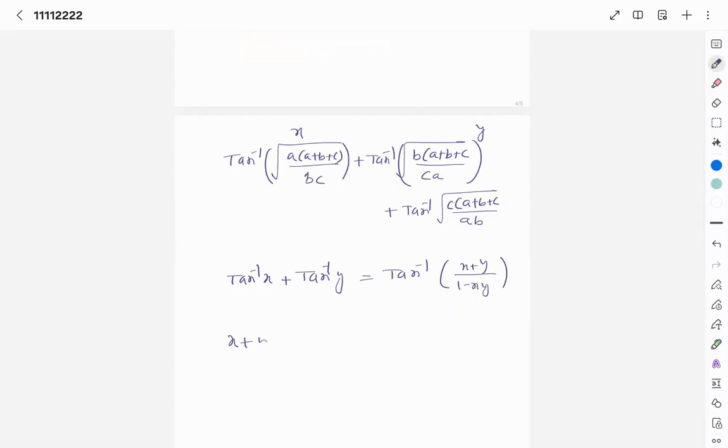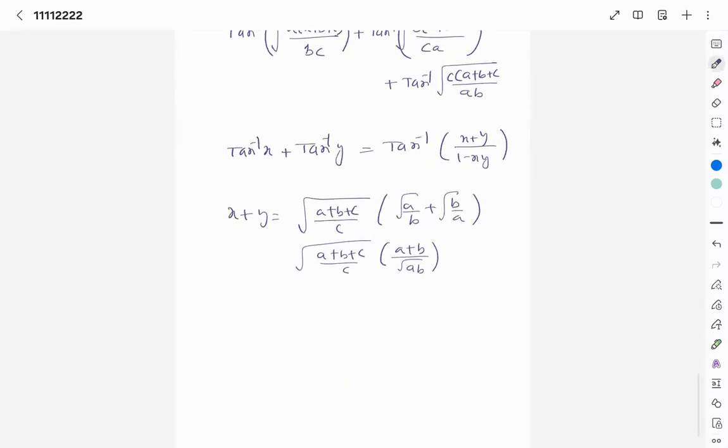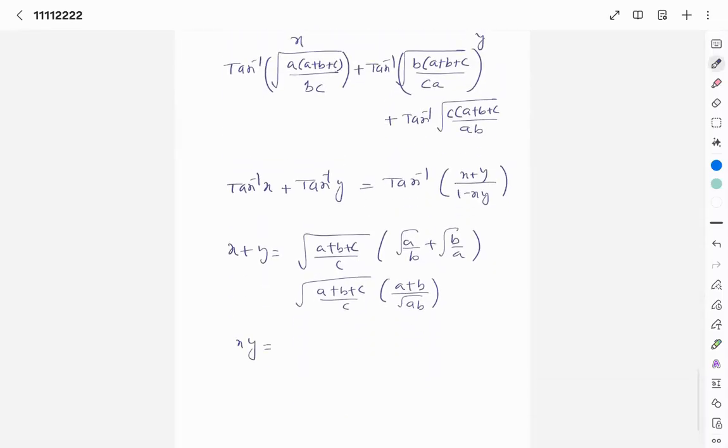So x plus y will be root of (a plus b plus c) by c. If you take common, you get (a plus b plus c) by c, times (a plus b) by root ab. xy will be root of a into (a plus b plus c) by bc, times b into (a plus b plus c) by ca. b gets cancelled, a gets cancelled, you get (a plus b plus c) by c, which is (a plus b) by c plus 1.